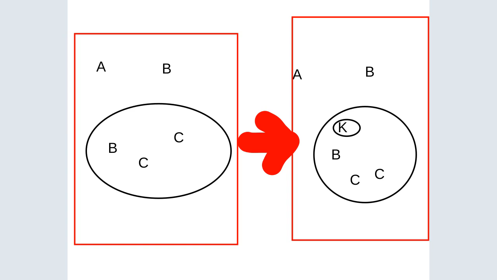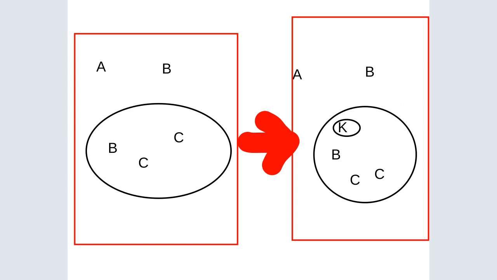Press enter. The correct answer is insertion. What have I inserted? I've inserted not K.